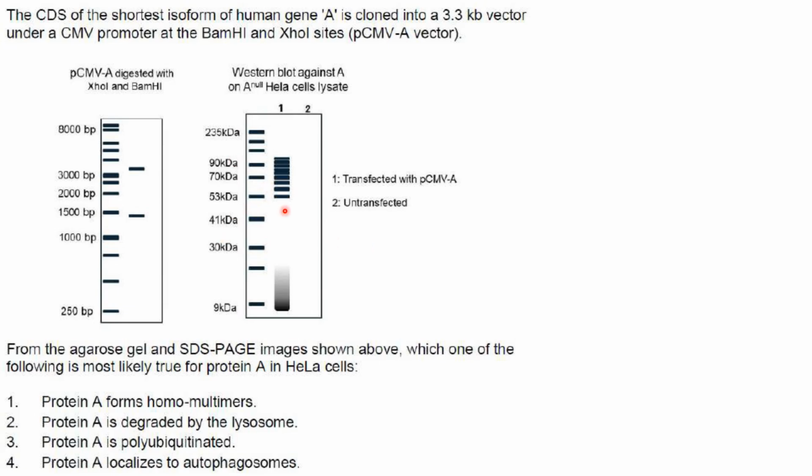Now in the Western blot analysis, you can see a range of multiple bands of higher molecular weight, whereas in the untransfected cell you don't see them, because the untransfected cell doesn't have this gene which is coding for protein A.